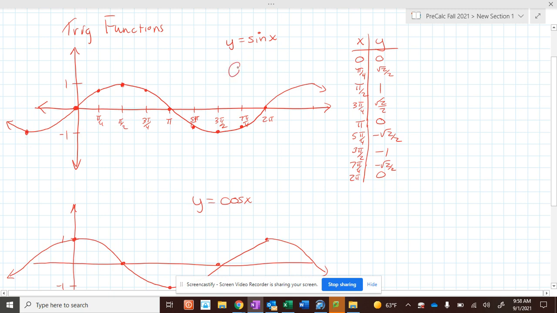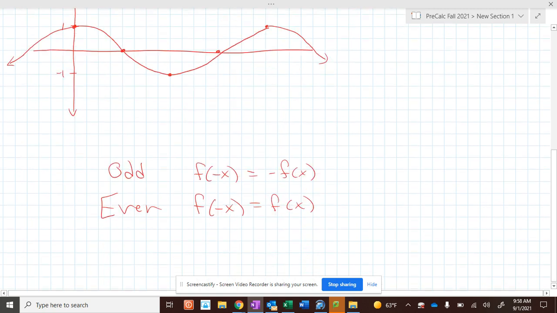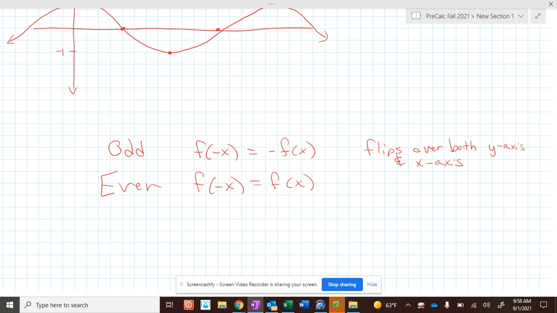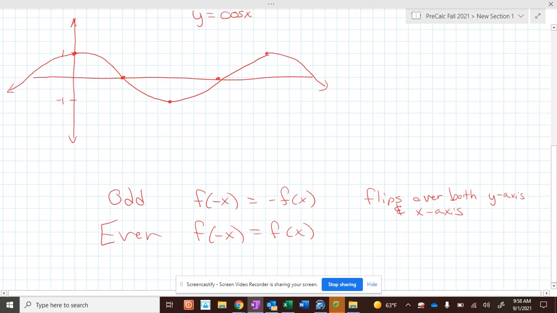So this is an odd function. Okay? A way to tell an odd function is that it flips over both the y-axis and the x-axis. That's an odd function. An even function, what it is on the negative is the same as the positive.